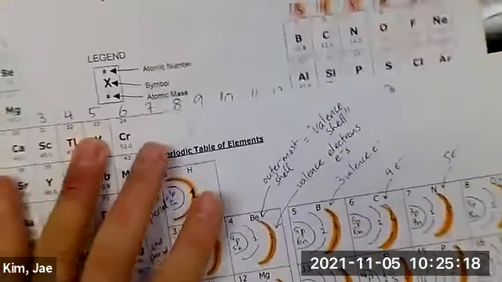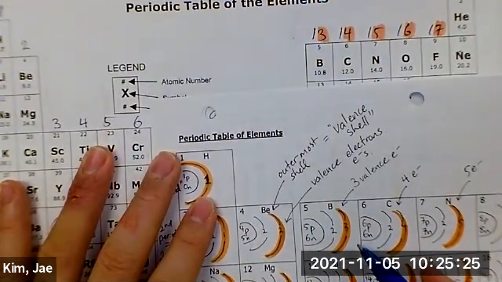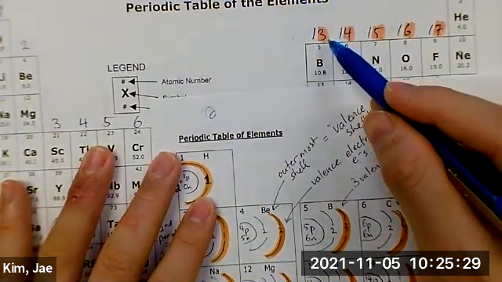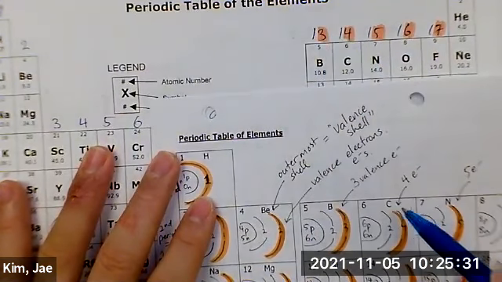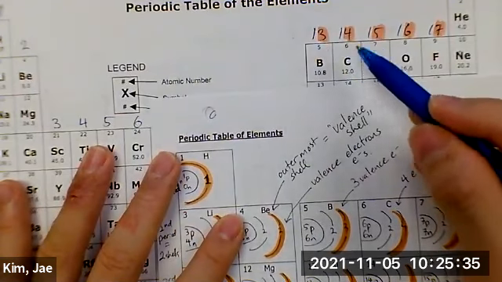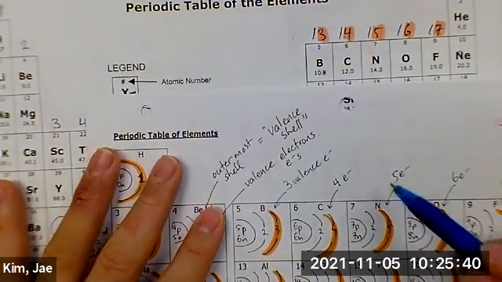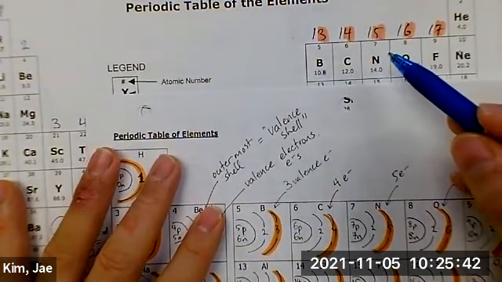That boron is up top and boron is up here. How many valence electrons did boron have? 3. Group 3. How many valence electrons did carbon have? 4. Group 4. How many valence electrons did nitrogen have? 5. 5. I think you get the point.